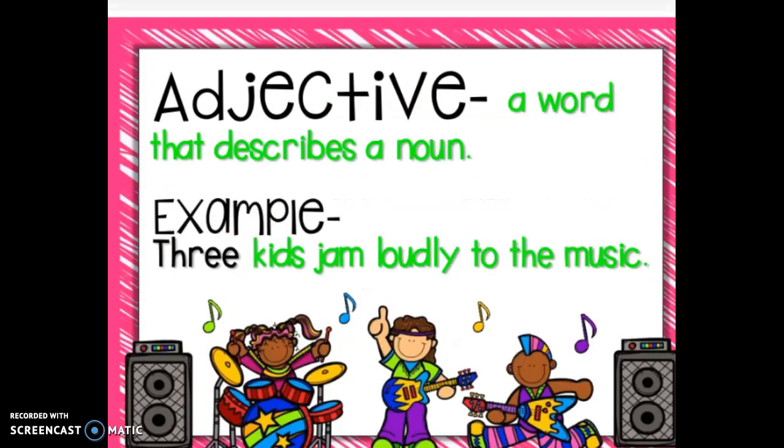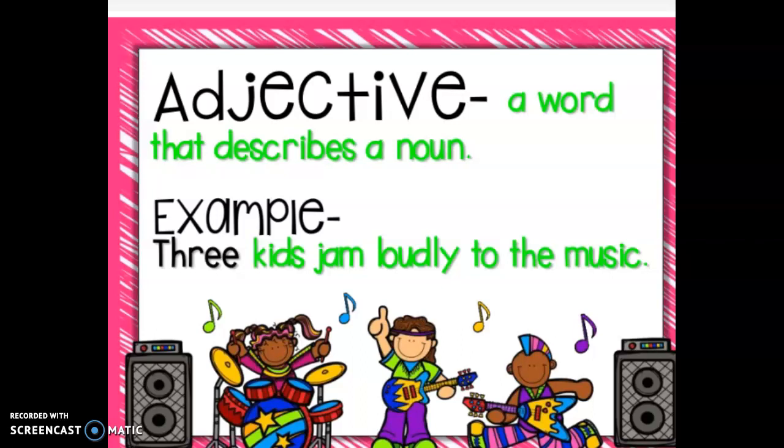Now we see our sentence that we viewed yesterday. Yesterday we identified our nouns, kids and music. And we also identified our verb, which was jam. Today we see our adjective. 3 is highlighted there. How many kids? 3 kids.